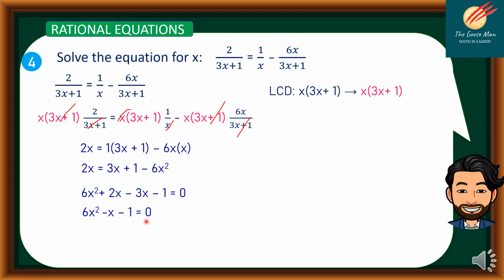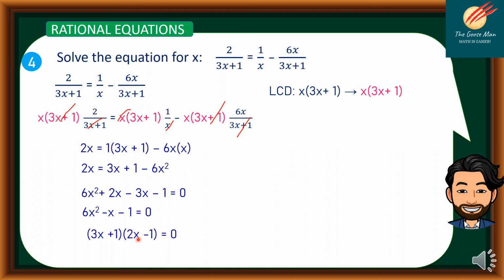If you recall your factoring method on a trinomial, you can find that the factors are 3x plus 1 times 2x minus 1. Notice that one of our denominators in the equation is 3x plus 1, so this should not be equal to 0.